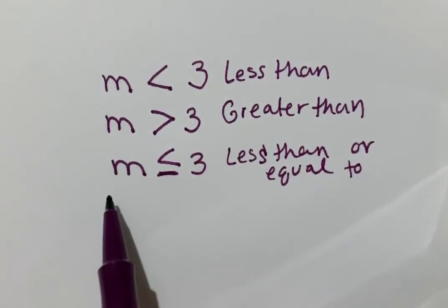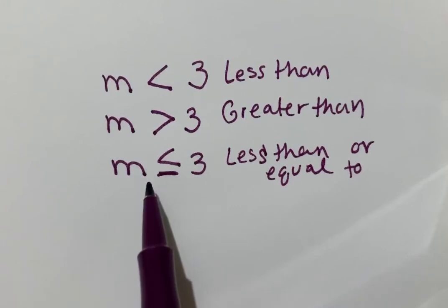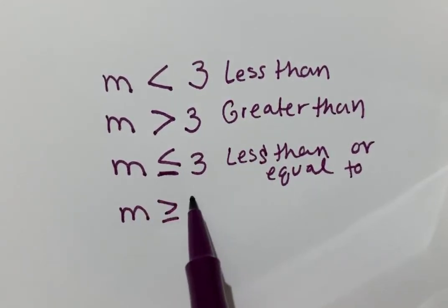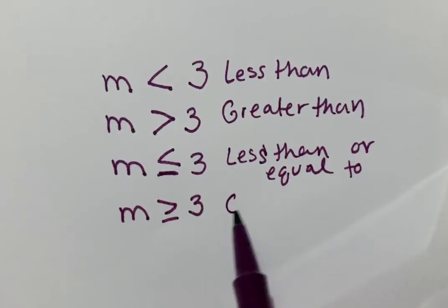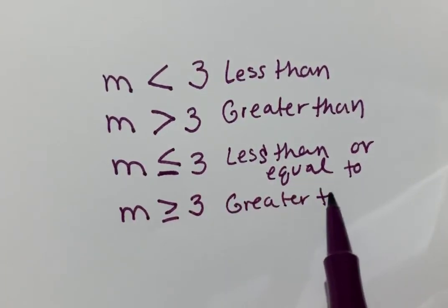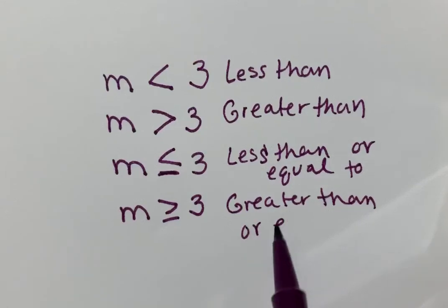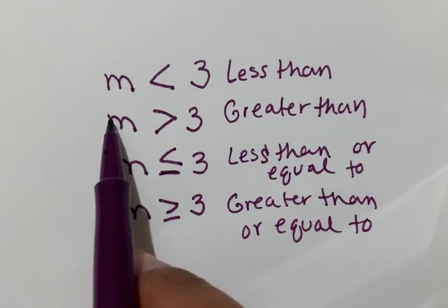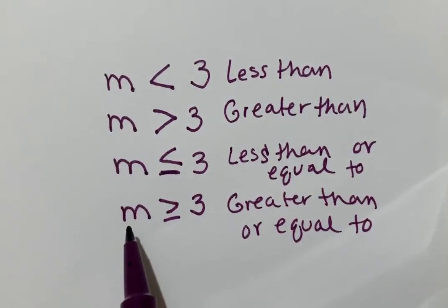So 3 could go here because 3 is also less than or equal to 3. And there is greater than or equal to 3, which again would be almost like the second one, with the exception that now you can include 3. So 3 could also go here.